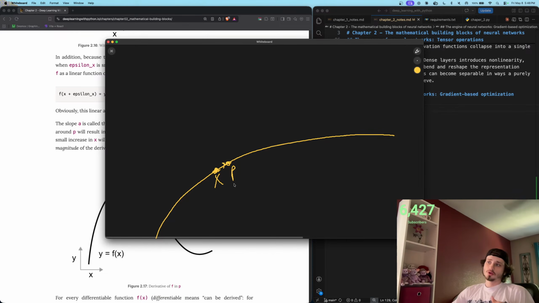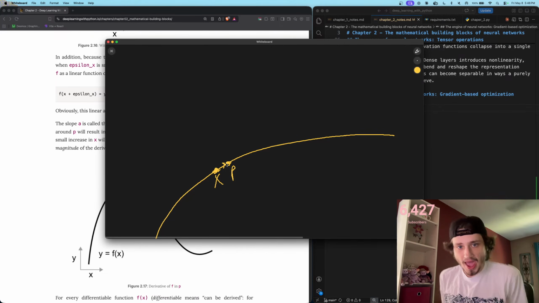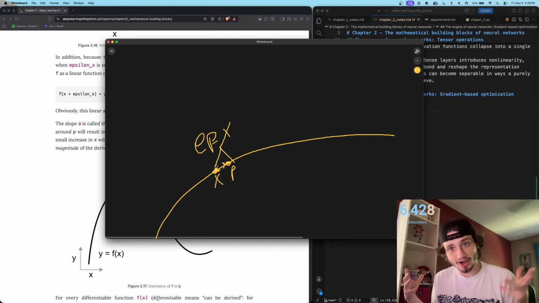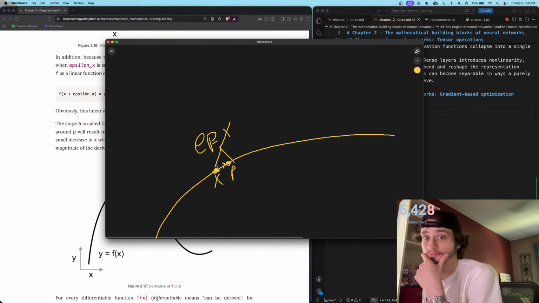So if you have some point, epsilon x, some distance from x, some new point P, this distance is epsilon x. This can be approximated as a linear slope because it's close, it's kind of like zoomed in on that curve, right? That makes sense.